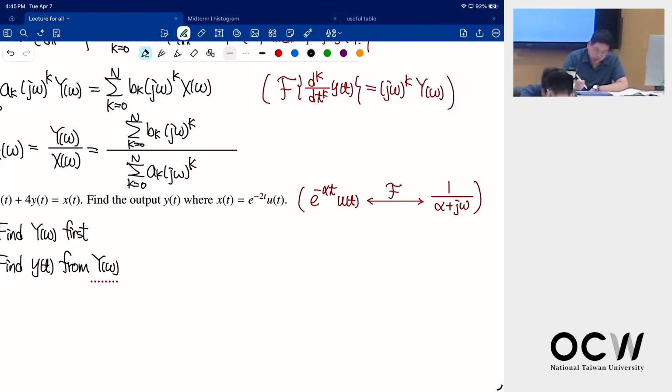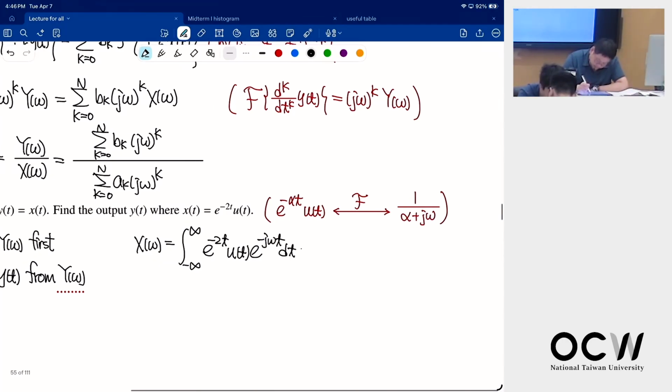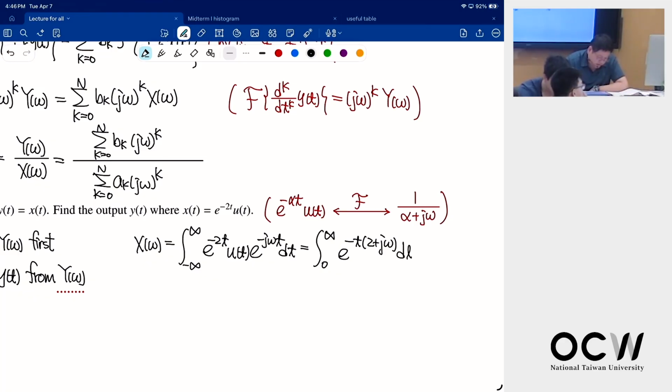Or you quickly find the Fourier transform here: the integral of e to the minus 2t u(t), and because it's a unit step function, I only have values from 0 to infinity, e to the minus (2 plus j omega) t dt. So you get 1 over 2 plus j omega.